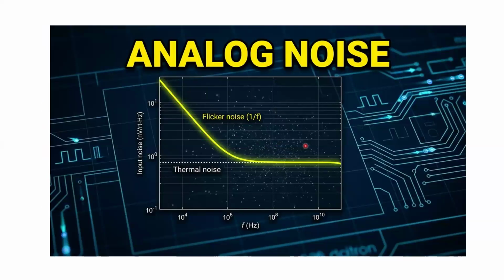Here is another picture, when you are designing an electronic system on a PCB or at the integrated circuit level. Again, the input noise density is expressed in nanovolts per root hertz. You see it starts from 1 nanovolt per root hertz up to 10, and it also has negative values. The dotted white line indicates the thermal noise, a broadband noise, which is constant over the whole frequency range.